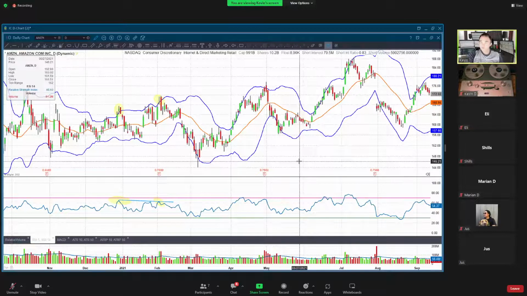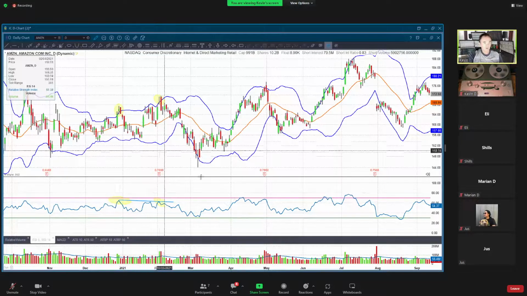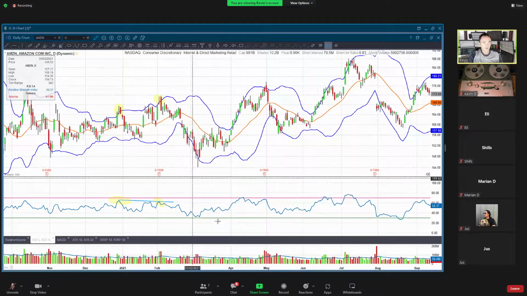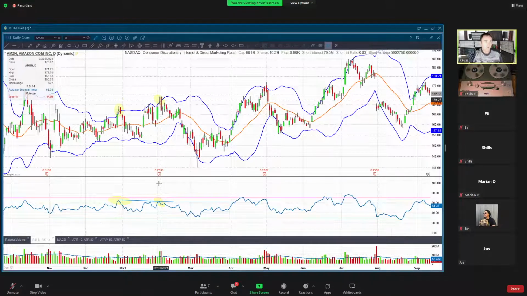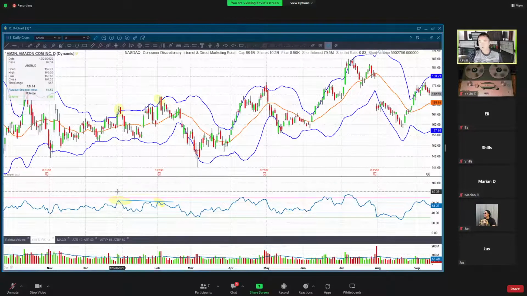Hopefully that makes sense now, and why you've got to check for that RSI. When we're looking to go long, we want the RSI on one of the moves outside of the bands to be below 25. And when we're looking to go short, we want the RSI on one of the moves outside of the bands to be above 75.